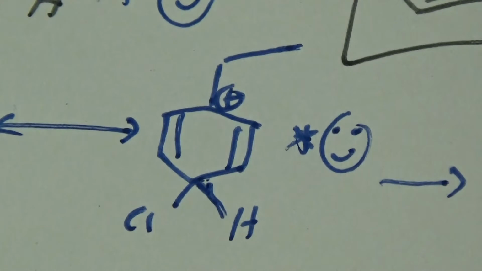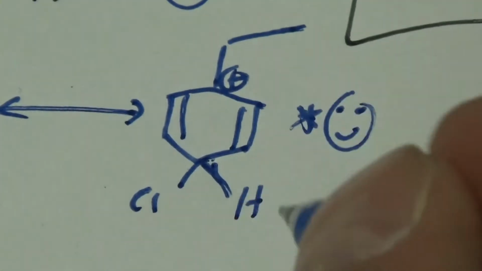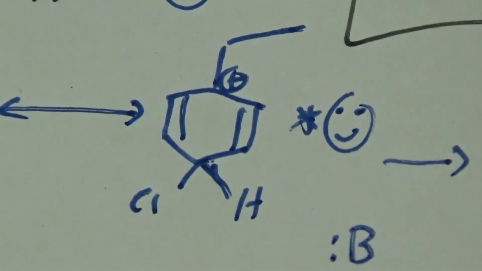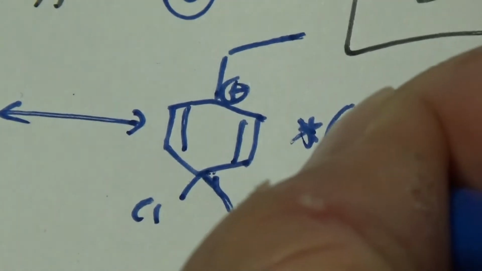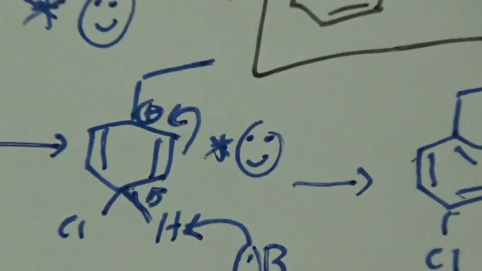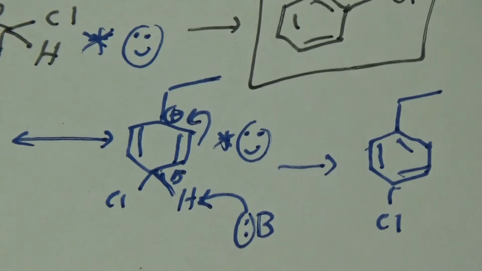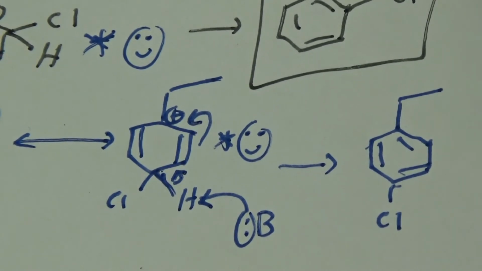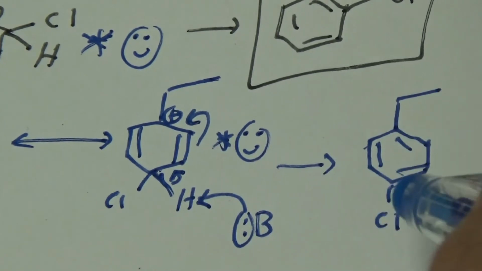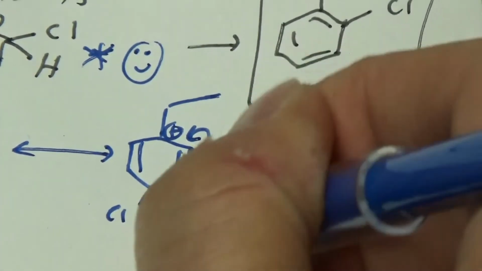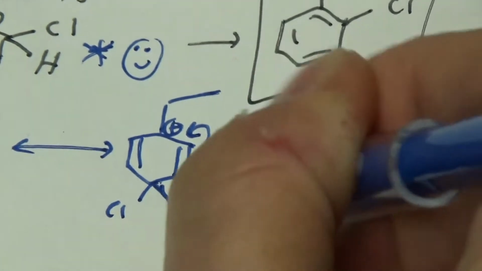I'll draw it and I'll erase it just because I'm lacking space here. So base would take the proton, push to the double bond, and then push up there, and that would generate the para-disubstituted product. Now I'm going to erase the mechanism because it distracts from the point I'm trying to make. I'm trying to really show the carbocation stability, and we did that.